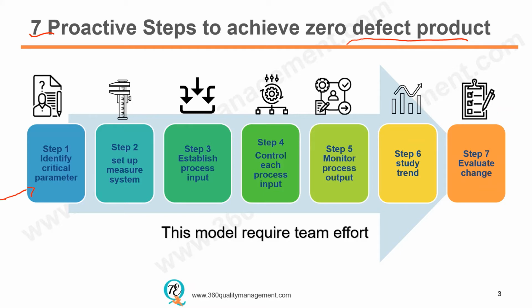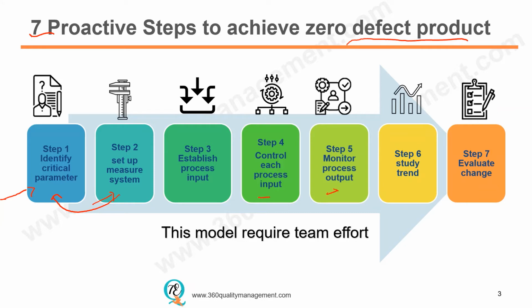customer's requirement. And then step 2 is to set up a measurement system to measure those critical parameters. Step 3 is to establish all the process inputs that we have talked about: man, machine, methods, material, measure, environment, to ensure that they are properly set up, and control each of these process inputs to ensure that they are consistent and well set up.